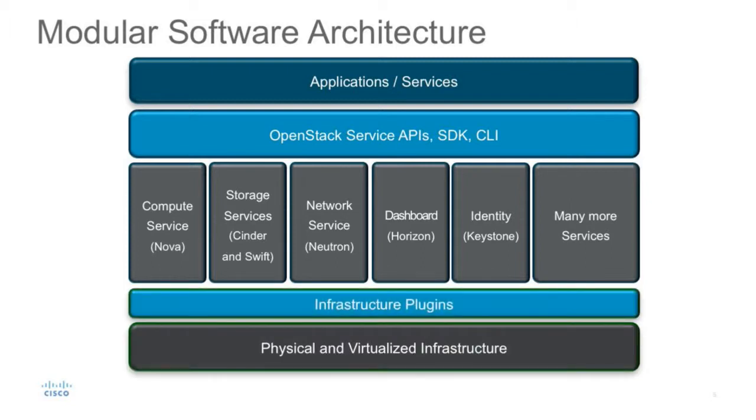And then there's the infrastructure plugins that tie everything to the underlying virtual or physical hardware. I like to liken that to the device drivers on your laptop, and how it takes whatever the operating system is and ties it to your laptop so you can use it.